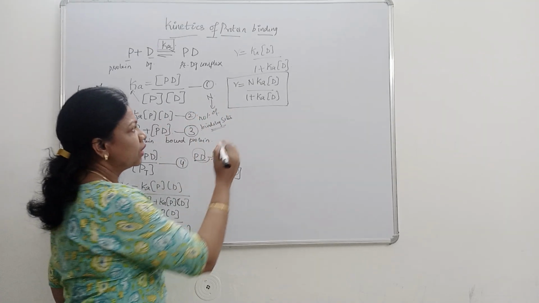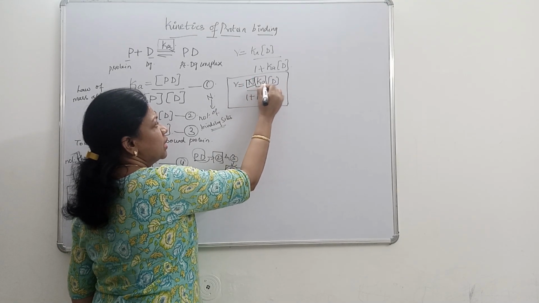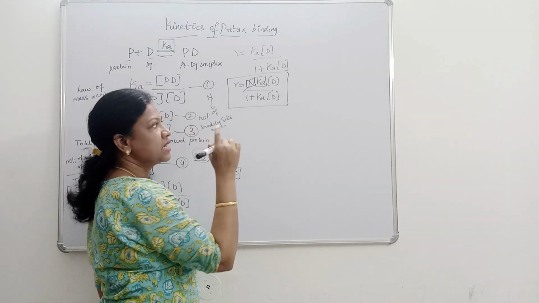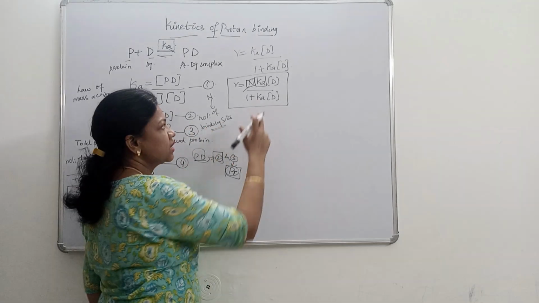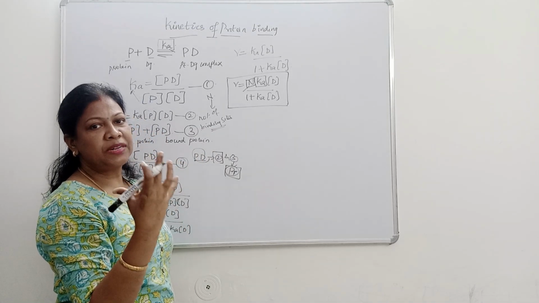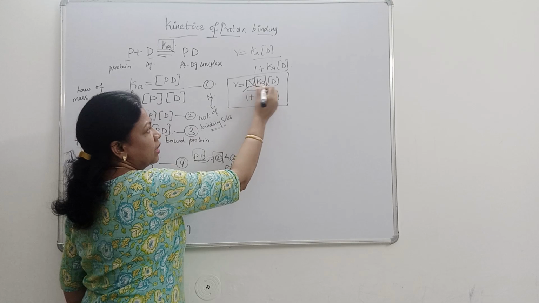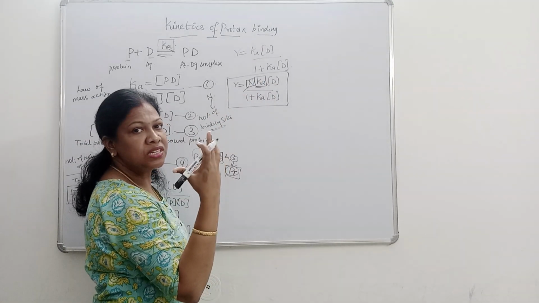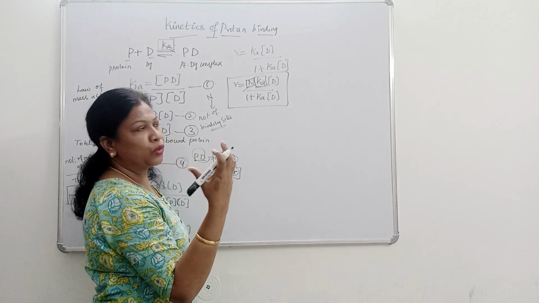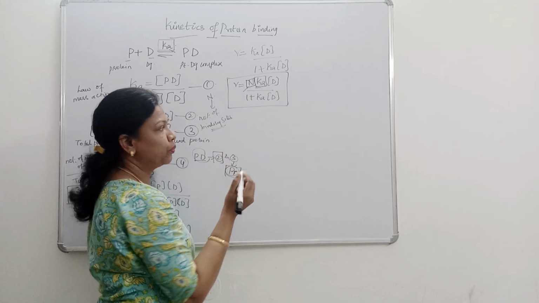Now here there are two constants or parameters which have to be determined: capital N, which is the number of binding sites available for binding of drugs, and Ka, the association constant or the stability constant of the complex formation. This can be explained, or the binding affinity, how much the drug binds with the protein, can be explained by Ka. So the association constant and N have to be determined.